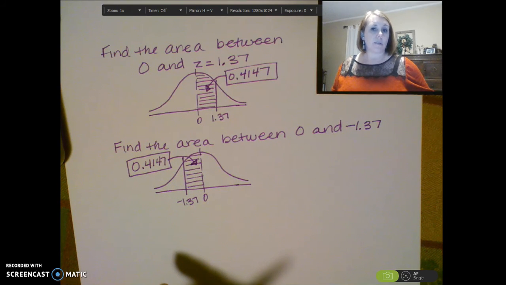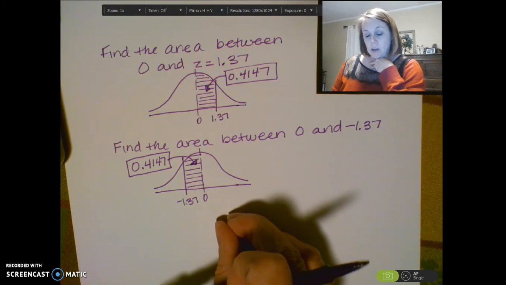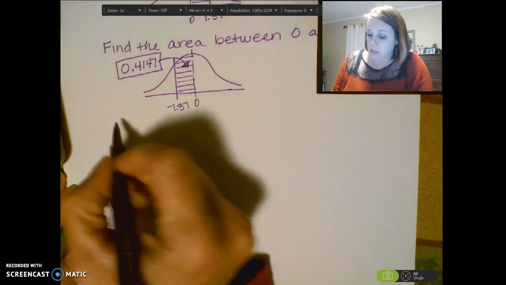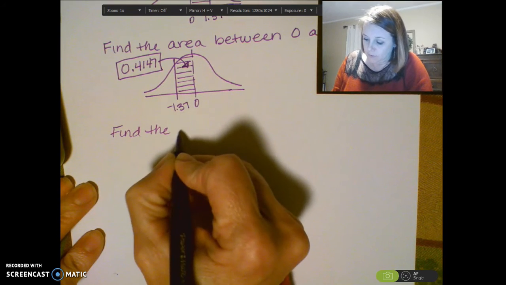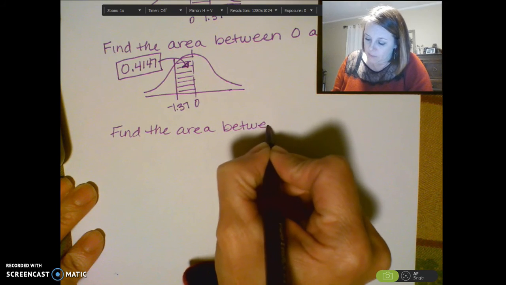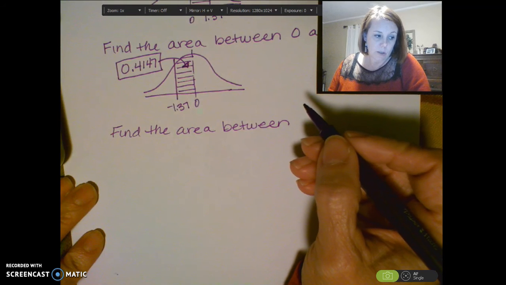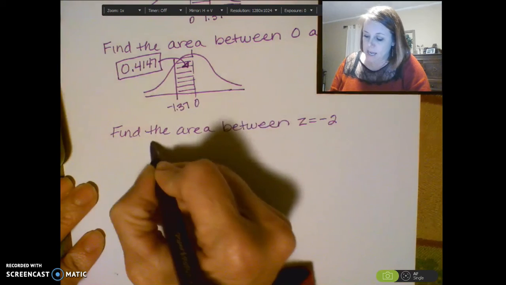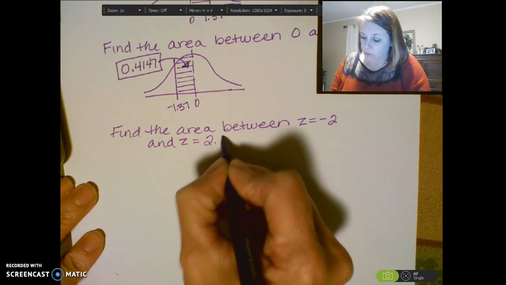All right, so let's consider some other options then, because they aren't always between 0 and a number. For example, the next one we're going to find the area between z equals -2 and z equals positive 2.14.